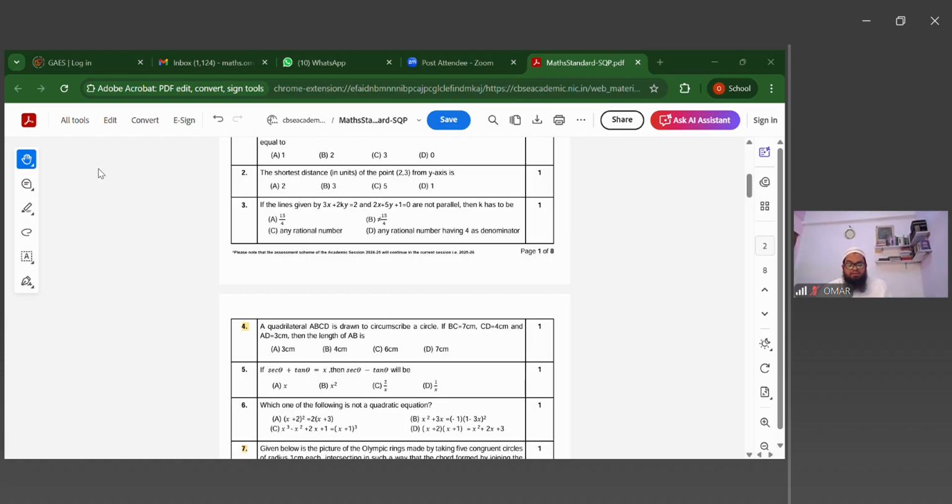Not parallel means they can be intersecting, and they can be even coincident lines. Sorry, not parallel means either they can be coincident or they can be intersecting. Understood or not?